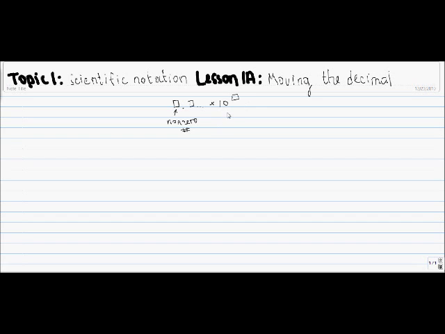So let's see. The majority of the problems will involve very large numbers, just like I said before, or very small numbers. So just to begin with, we can start talking about some kind of big number. Anytime you're talking about a big number, you can think of millions, billions. For example, you can think about the number of molecules in some kind of compound.